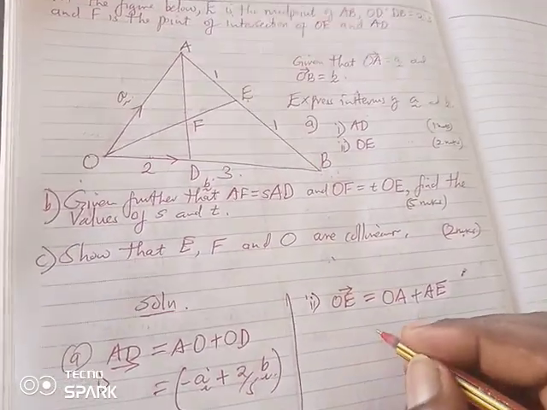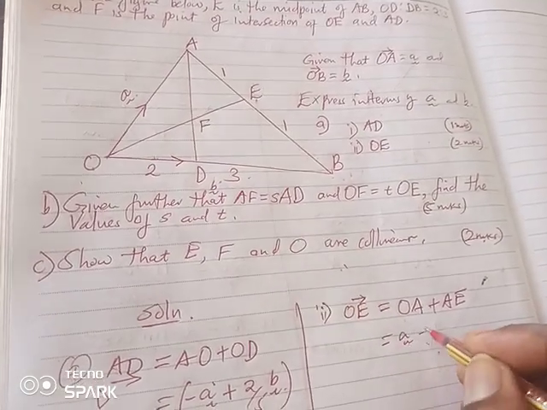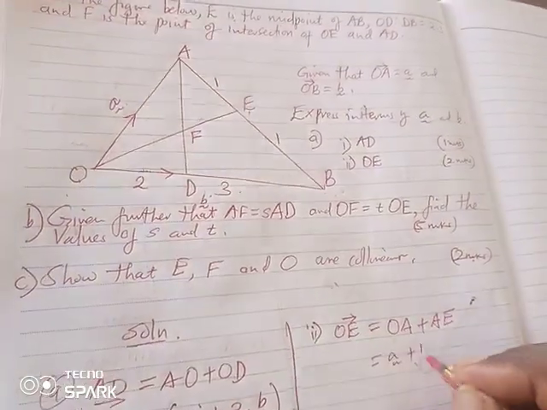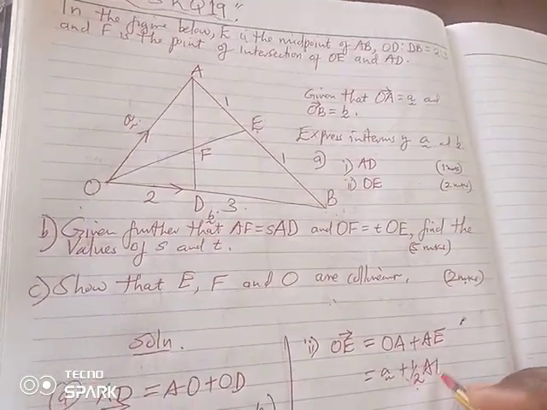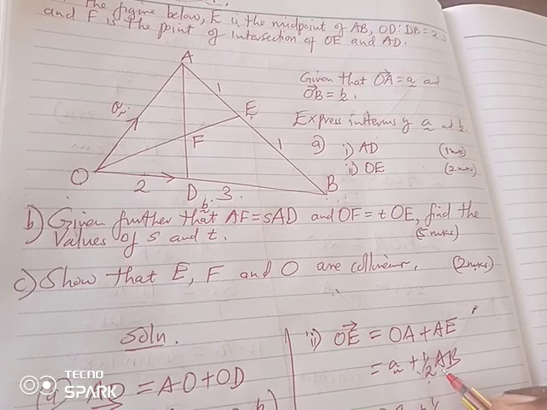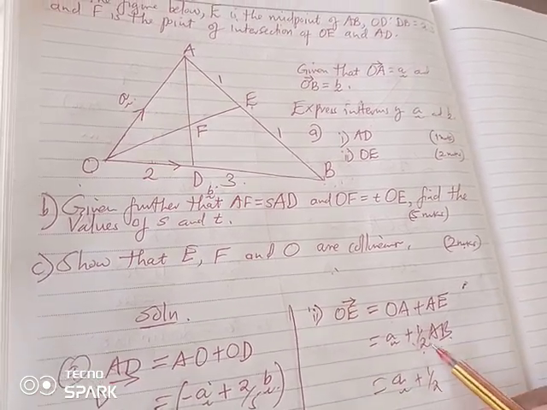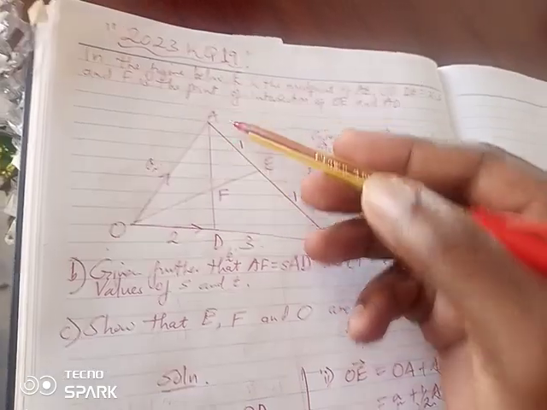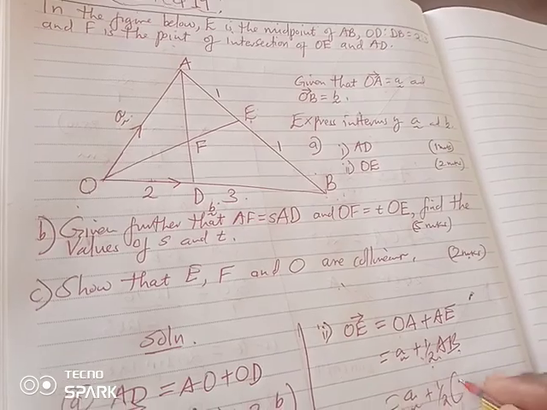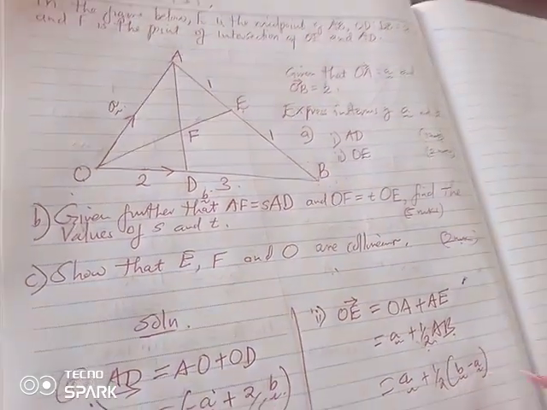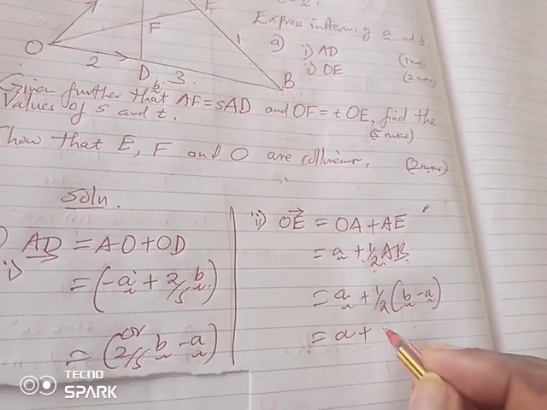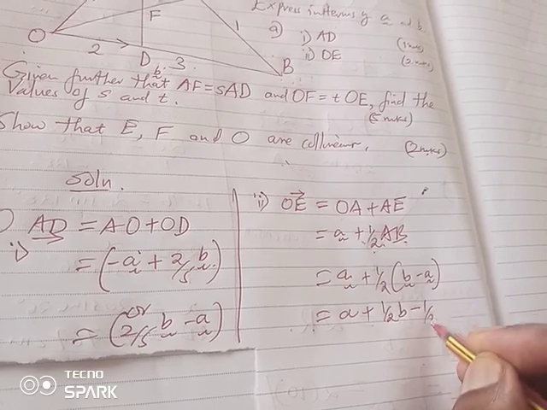So my OA is vector A. Then AE, there's a ratio here. I'm going halfway, so I'm going half of AB. AB is simply vector B minus A, because A to B I have to go that way: minus A plus B. So this shall become A plus half B minus half A.